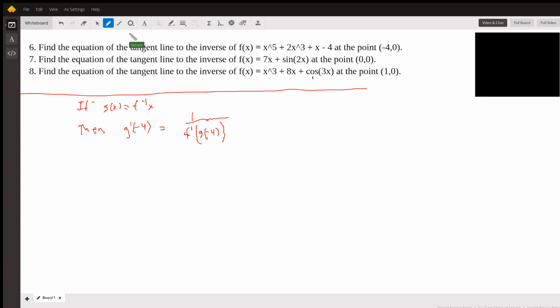So let's go ahead and work on the solution for this. Let's do 6 here.